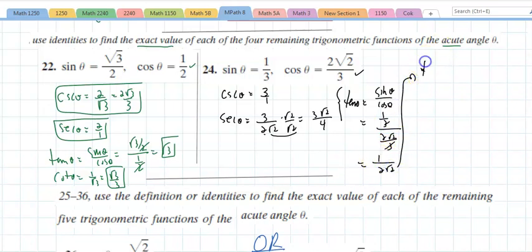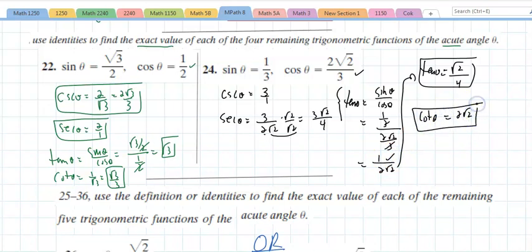And I could say that tan of theta, if I multiply by radical 2, is radical 2 divided by 4. And that means automatically that cotan of theta is the reciprocal of this, which is 2 radical 2. You could put that over 1 if you wish. We normally don't write that.